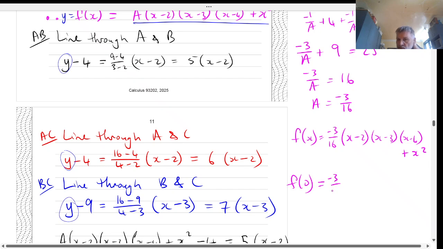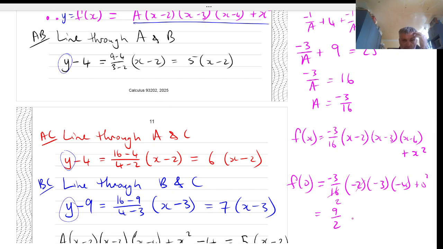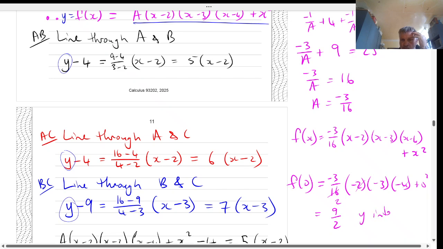So it's minus 3 over 16 times minus 2 times minus 3 times minus 4 plus 0 squared. 4 times 2 is 8, goes into 16 twice, so we get 3 times 3 is 9 over 2. There's 4 minuses, so it's plus, and so that's our y-intercept.